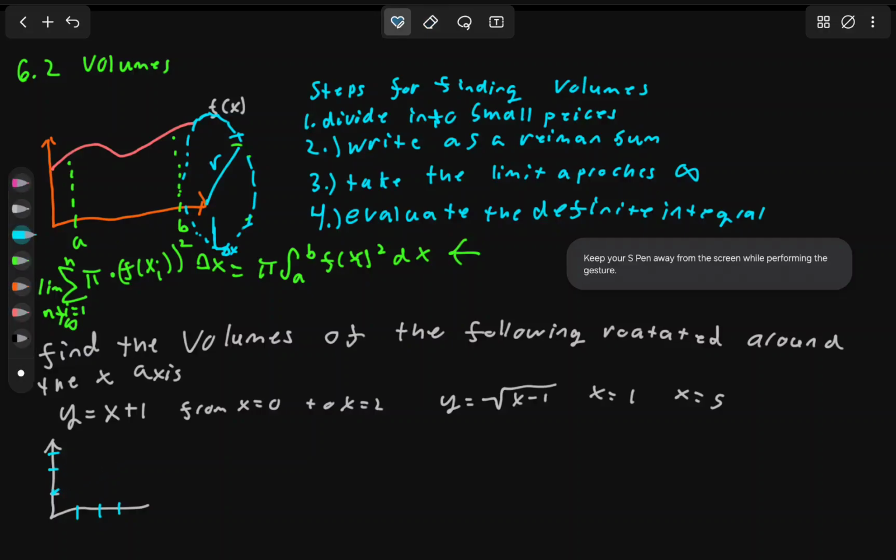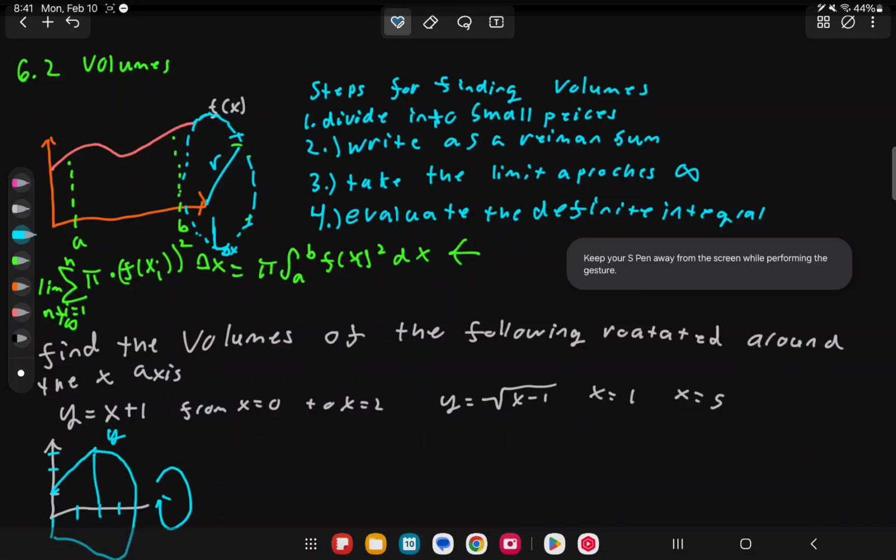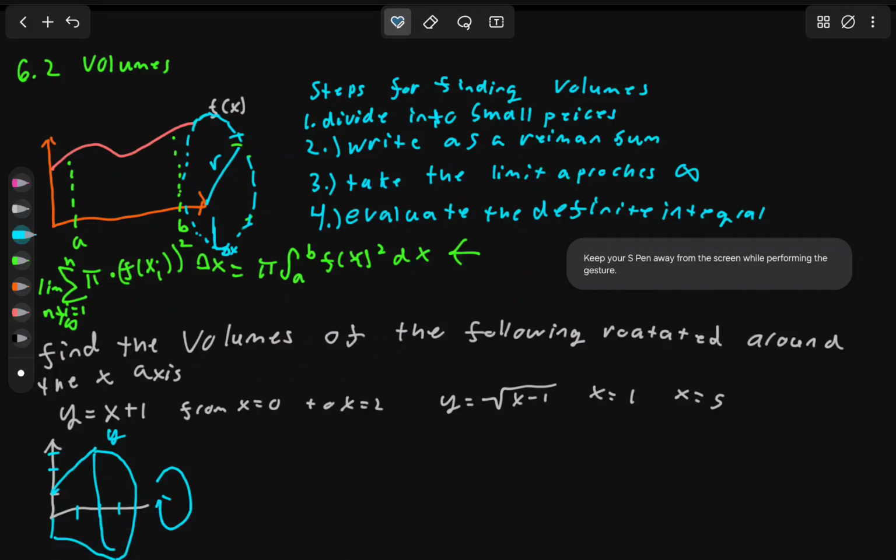And we're rotating this curve y around this x-axis. So what we're going to get is kind of a shape kind of like this. And I'm sorry, I'm not the best at drawing 3D shapes.